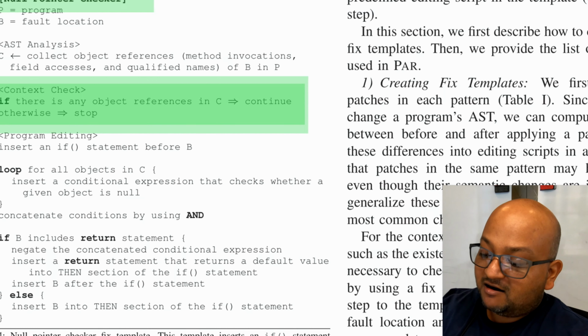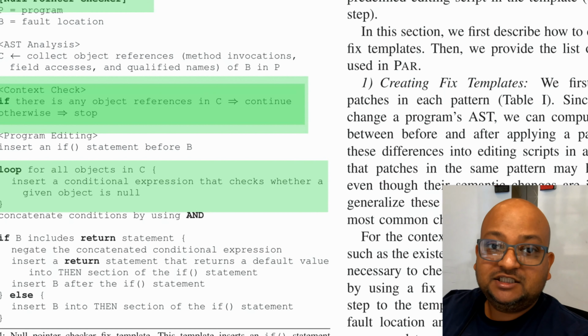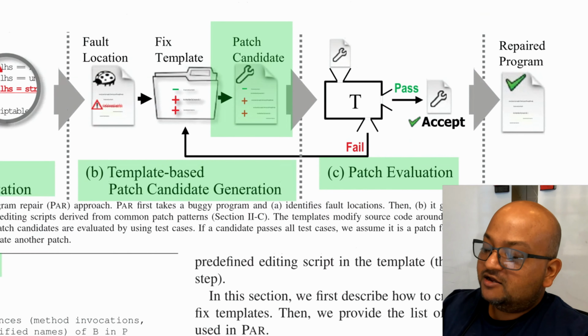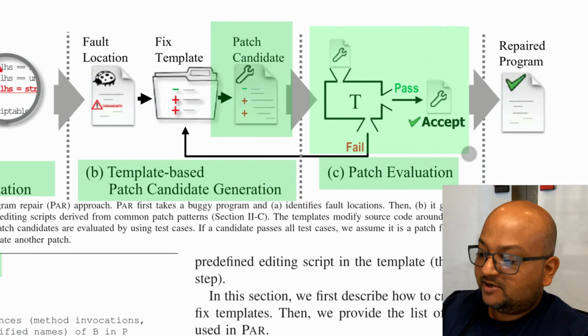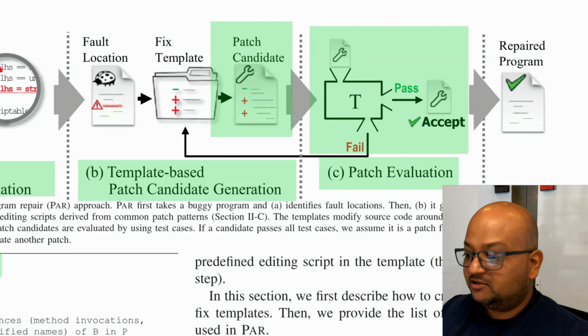And if there are, then we try to insert a conditional check to see if the object is null before accessing it. And once you've applied this patch candidate, you then run your test suite. And if all your tests pass with this patch applied, then the patch is deemed acceptable.